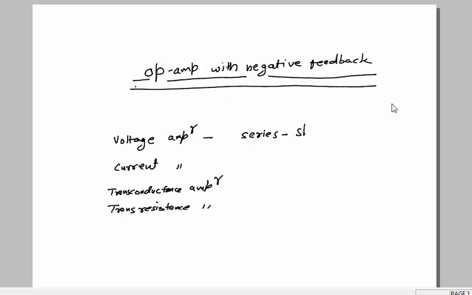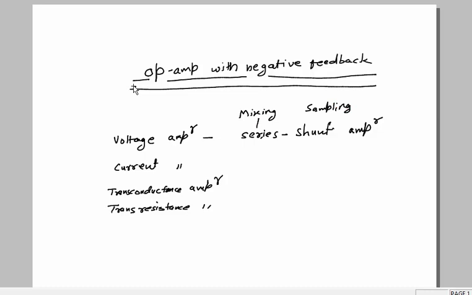Now voltage amplifier, one more name we saw is series shunt amplifier. When we talk about this we are talking about mixing and sampling.